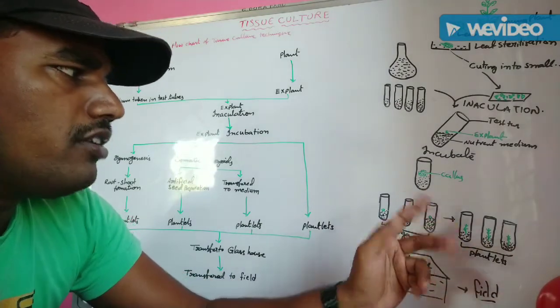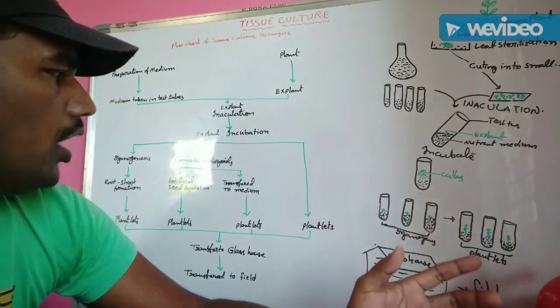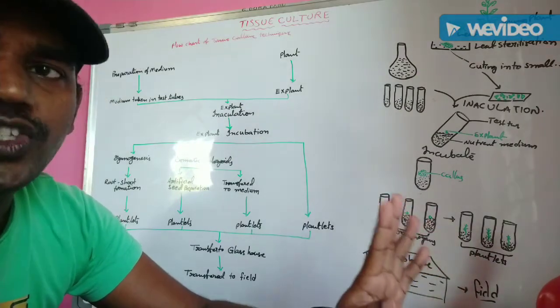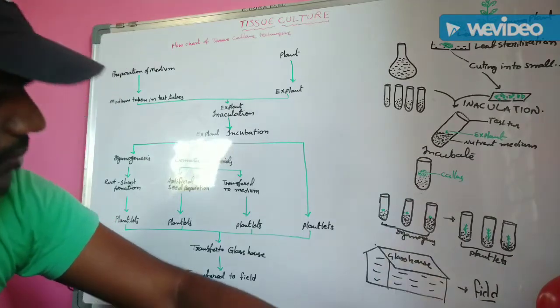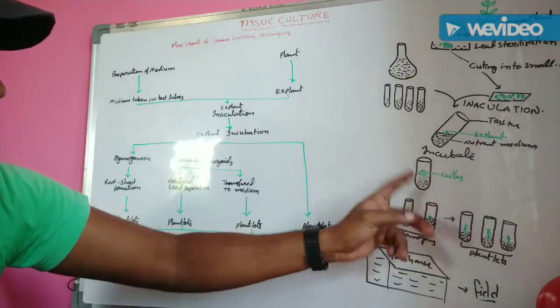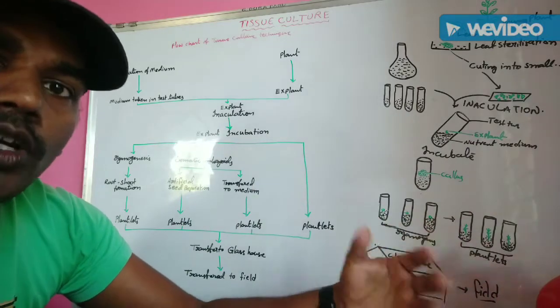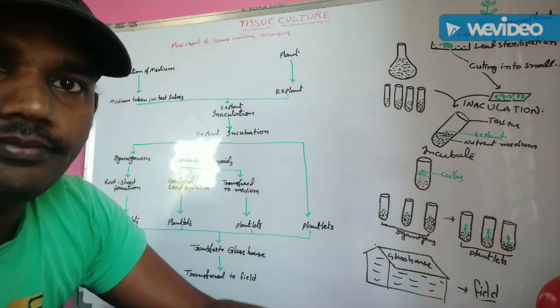Artificial seeds are prepared with the help of the somatic embryoids. These look like embryo-like structures. Sometimes these somatic embryos are transferred to another medium, and they grow into a new plantlet.